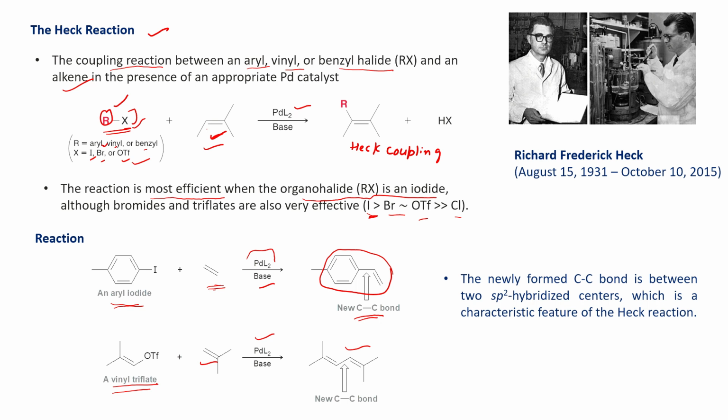Because one part is alkene, which is sp2 hybridized, there is formation of carbon-carbon bond between sp2 and sp2 carbon in Heck reaction. This carbon is sp2 hybridized and this ethylene part is sp2 hybridized.